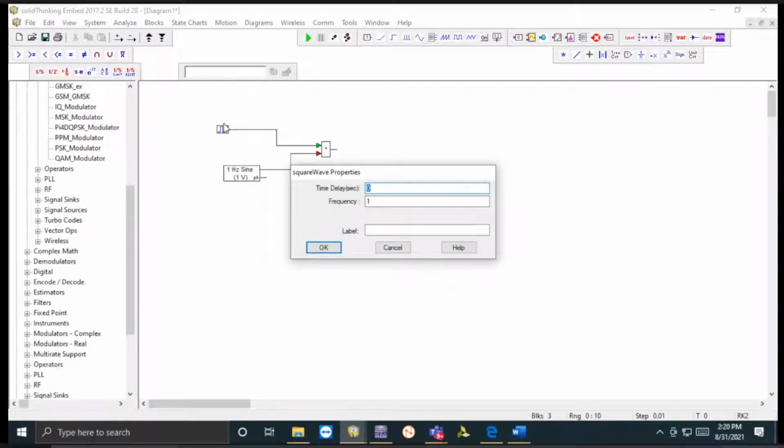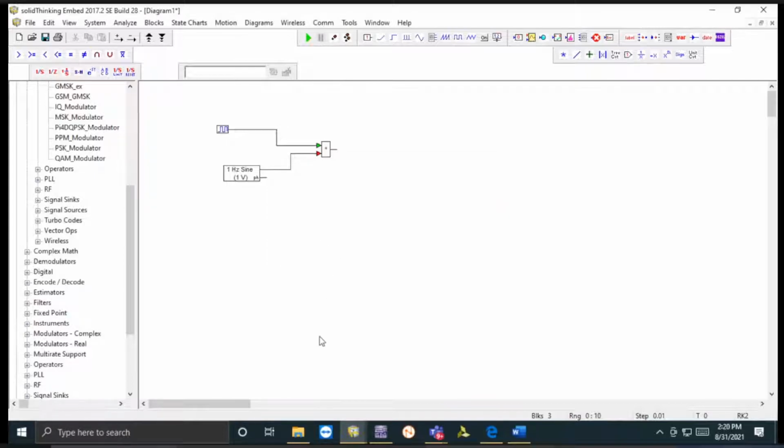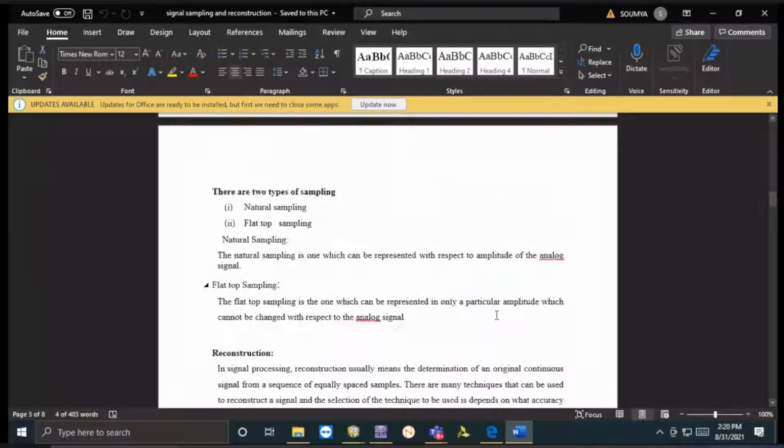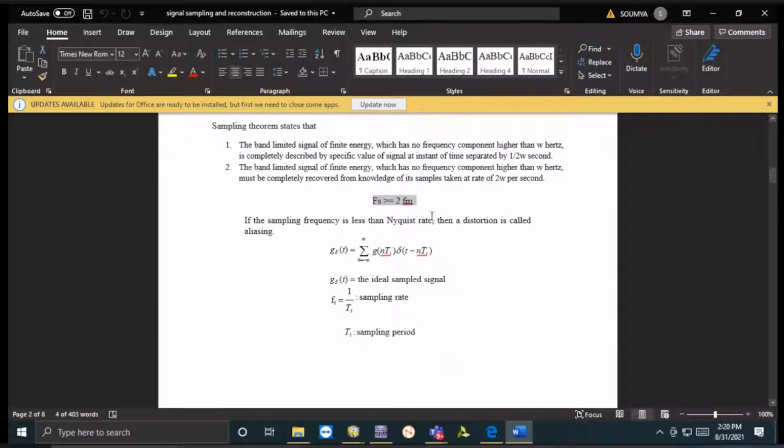So this is the train of impulse, Fs, and this is your Fm, the message signal frequency. If you can see the relation, it says that Fs should be greater than or equal to twice of Fm, right? At least equal to or maybe greater than that. So if Fm is 1 hertz, then Fs has to be at least 2 hertz.